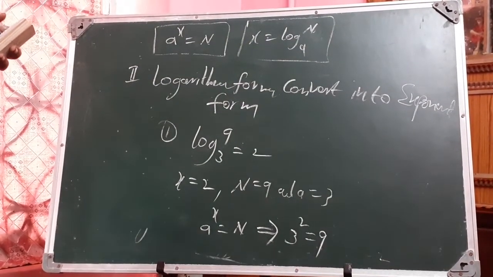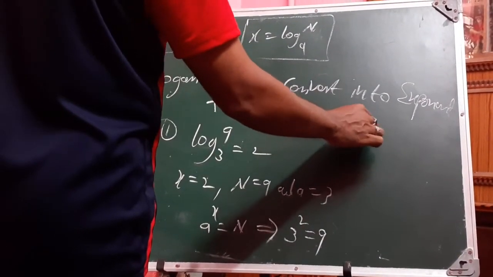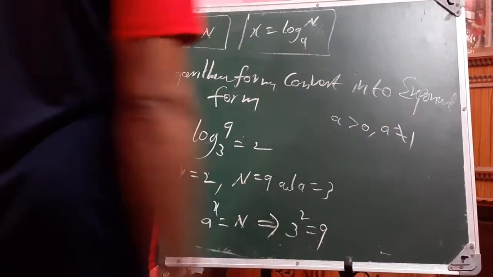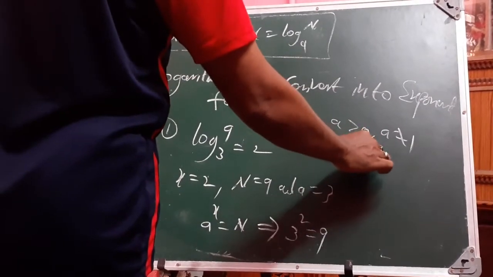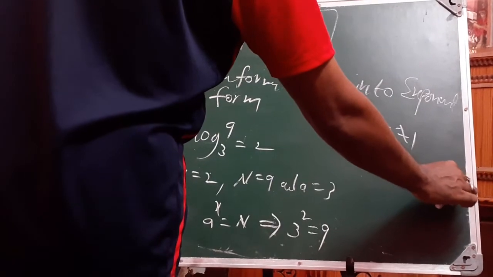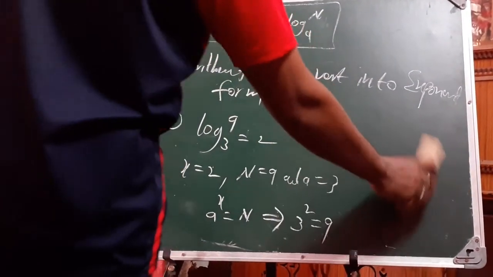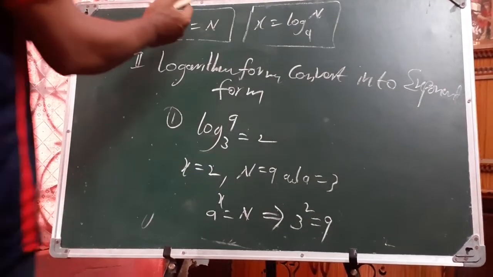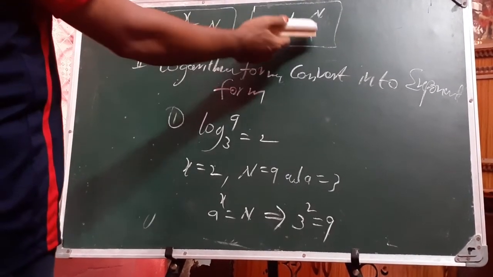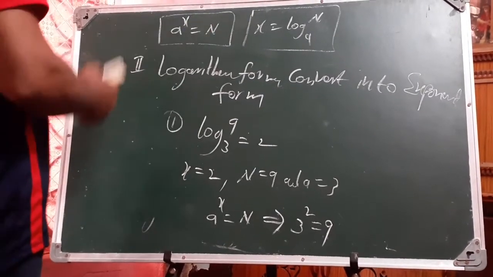Here a value, what is the condition? a greater than 0, a not equal to 1, and also n greater than 0. a and n belong to real numbers. Remember, very important, these two formulas. Simply substitute these a, x, n values.